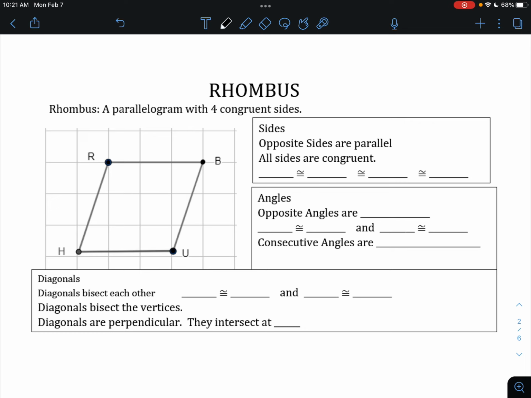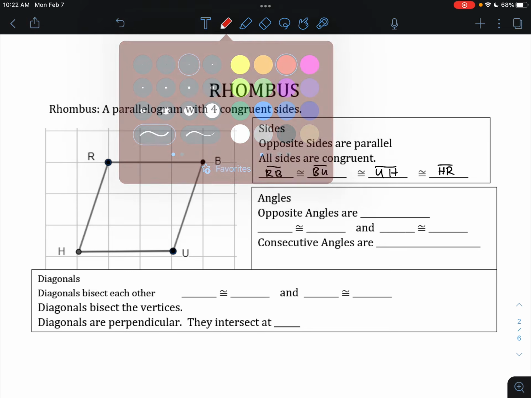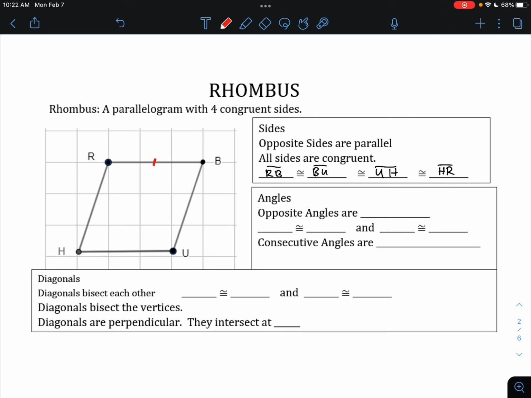So we can go ahead and fill that in. RB is congruent to BU, which is congruent to UH, which is congruent to HR. So we're going to put in our markings for all 4 sides because they are all 4 congruent.